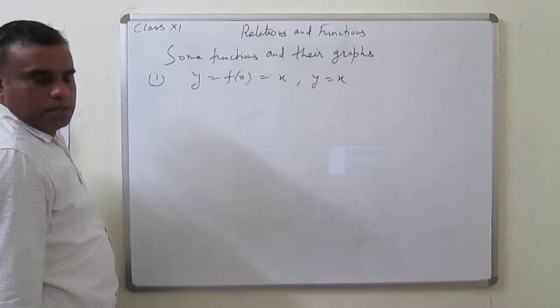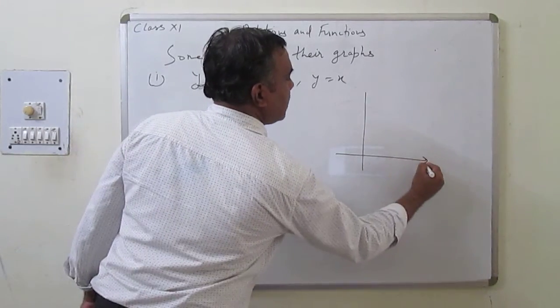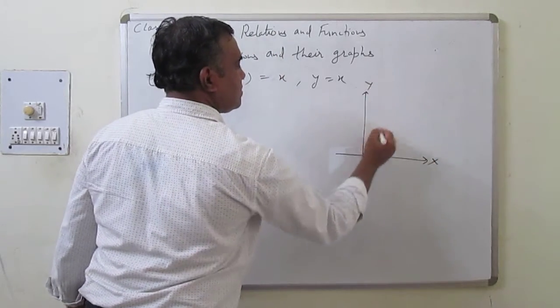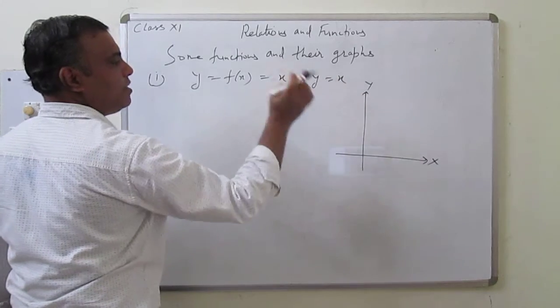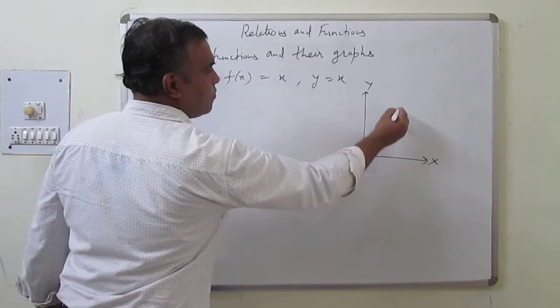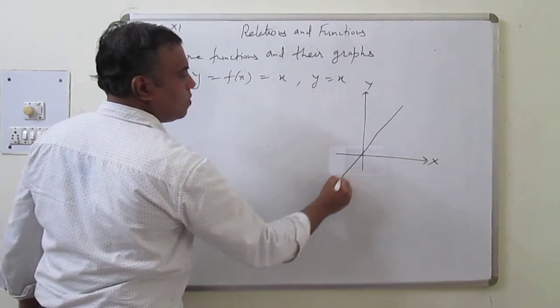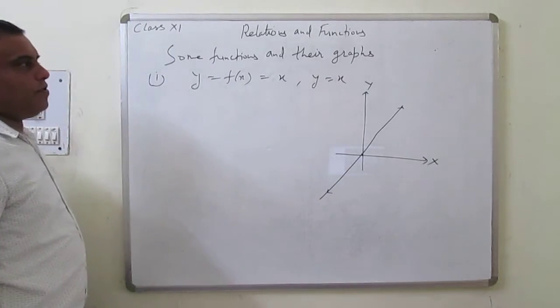Now if I draw a graph on the Cartesian plane, x axis, y axis, if you take the value of x as 1, 2, 3, the value of y is also 1, 2, 3, and 0 at 0, because the constant is not there, it passes through the origin. So this is the graph.